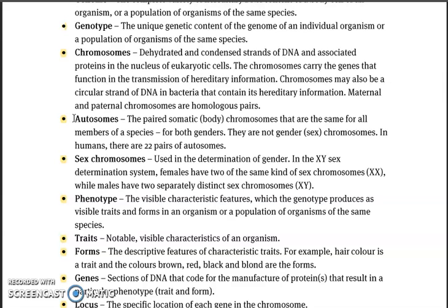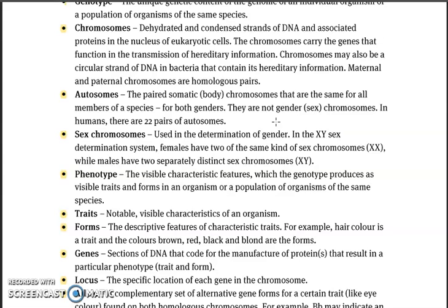So when we speak about autosomes, we have 22 pairs of chromosomes in a human body, which means there are 22 autosomes, because autosomes are basically the pairs of chromosomes, because we all know we get half our genes from our mother and half our genes from our father. So when these genes pair off, we end up having 22 pairs of autosomes, which means 22 pairs of bodily chromosomes. These are excluding sex cells.